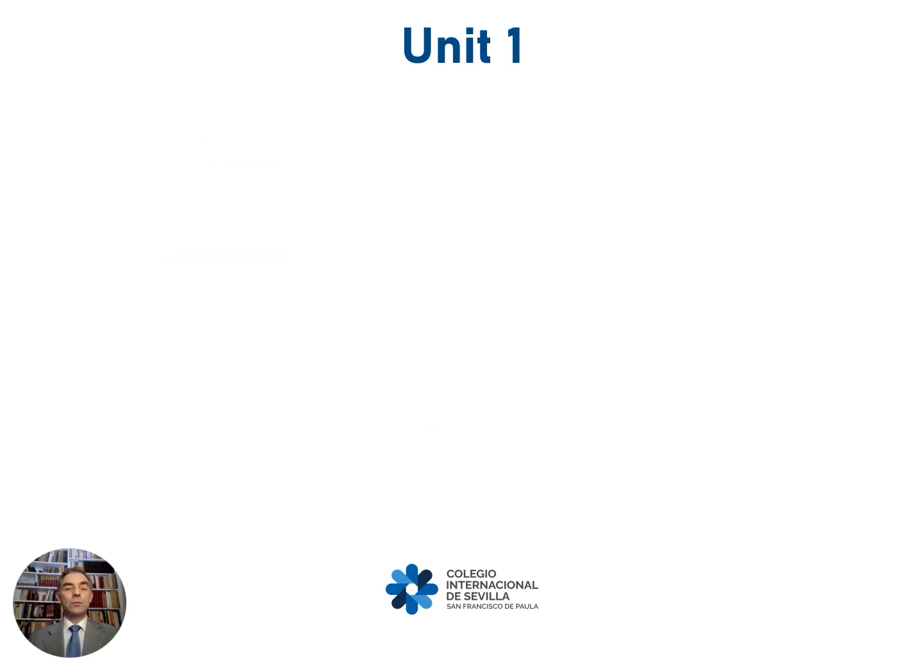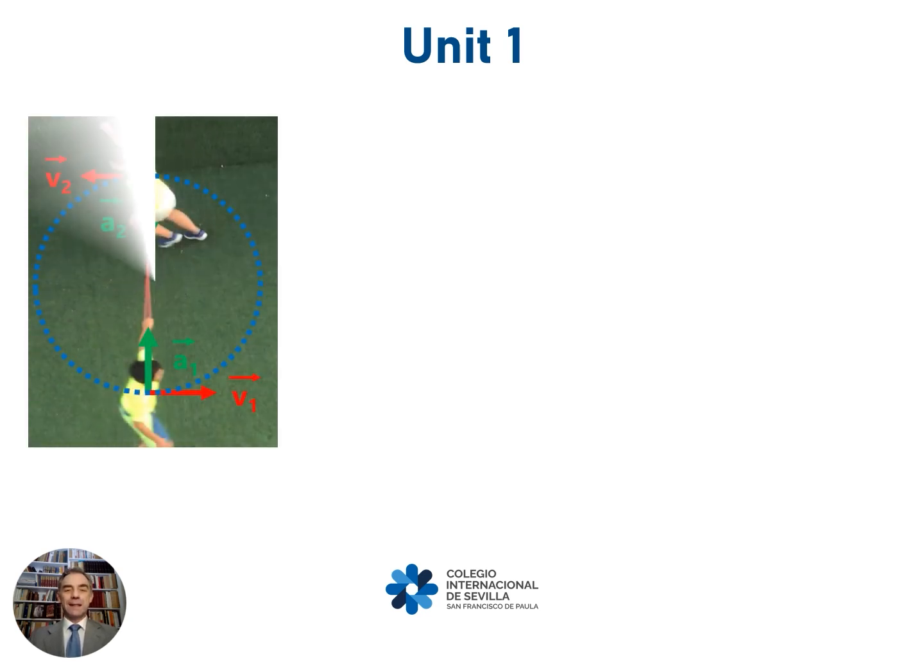Let's illustrate what we just said with a real example. In the image, we have Valle and Sergio who are running along a circumference. There's a rope that is tied between them two, and their arms plus the rope define the diameter of the circumference.